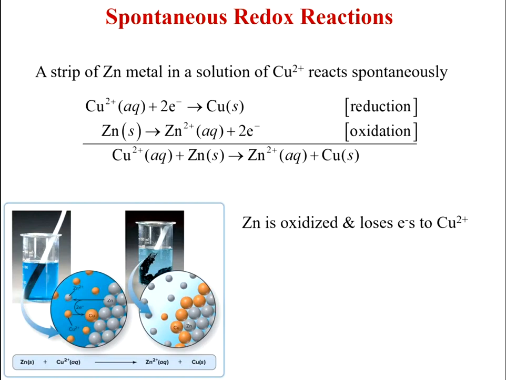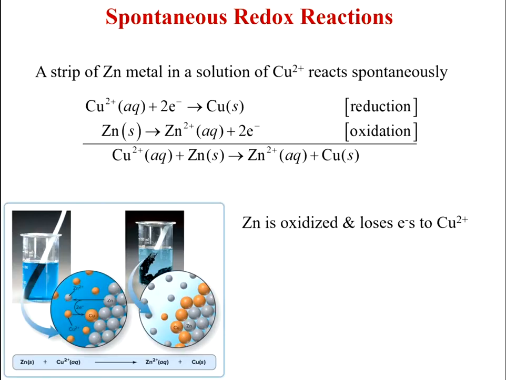And if we do that and let it sit there, we'll see that the copper will spontaneously reduce to form copper metal, and the zinc will spontaneously oxidize to produce zinc 2, such that the solution will become less blue because the copper 2 hydrated complex is blue. So the solution loses some color, and we see that copper metal will plate out onto the zinc surface.